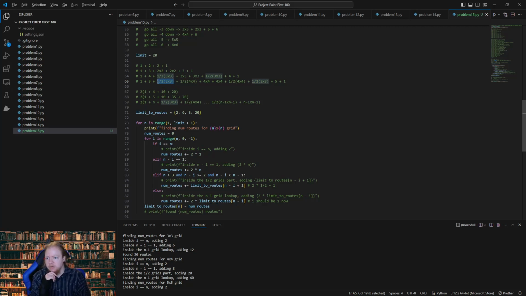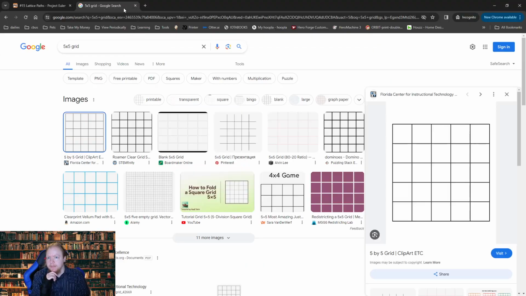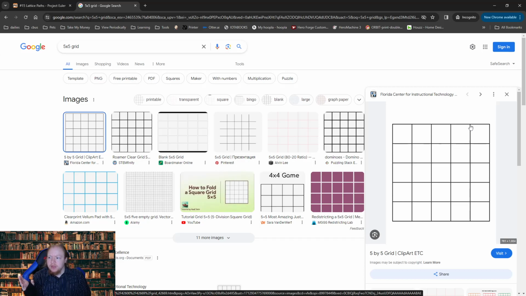Because let's look at our 5x5 grid again. So here, if we go all the way, obviously that's trivial. If we go here, that's trivial. This is the part where we're kind of not sure. We come here, we know that's the 4x4. We come here, we know that's half the 4x4.